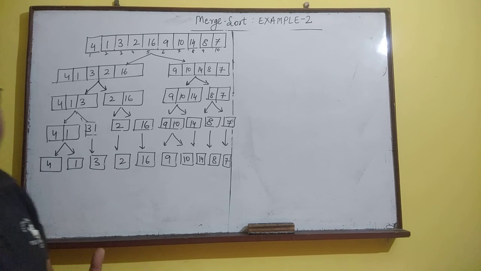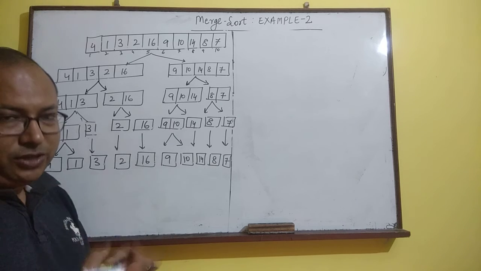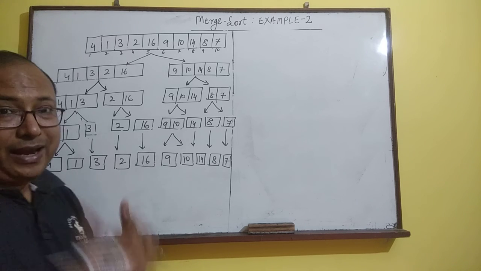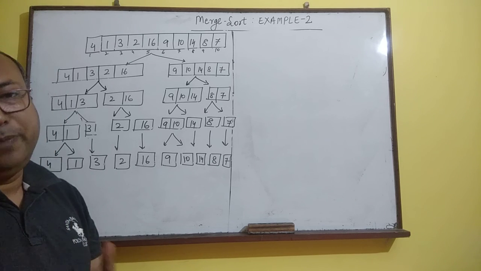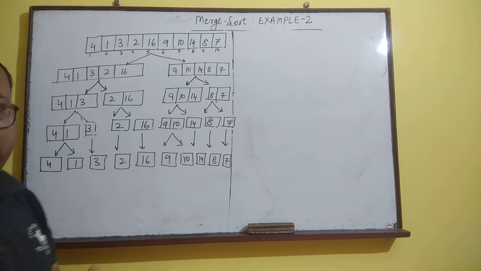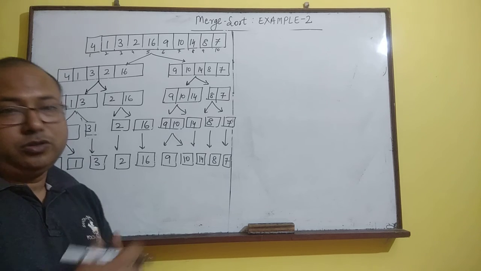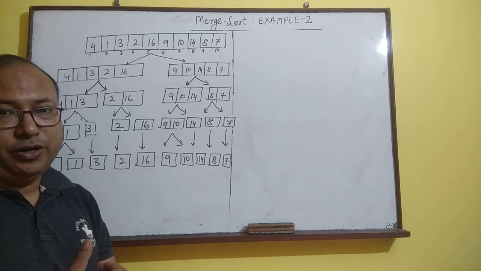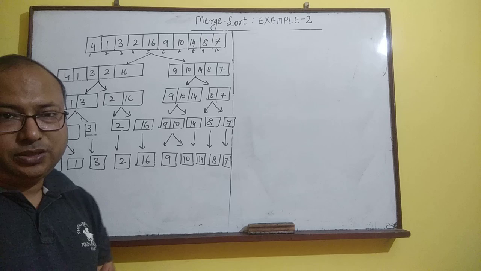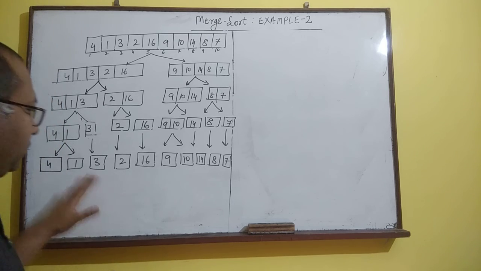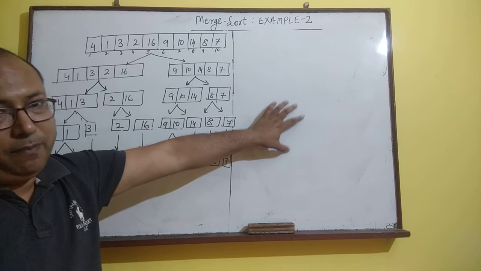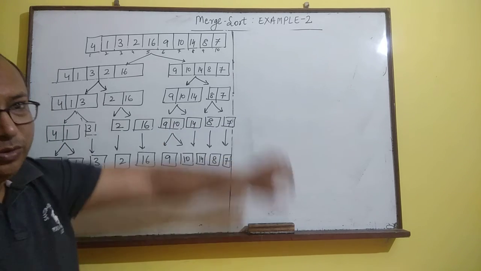When we combine them, we follow the approach of merge sort. In the resultant array, when we merge two elements, we make an order. The order depends on the required output. If we want to sort our data in ascending order, the lower value will come first compared to the higher value. This combining or merging part we will do on the right hand side of this board.